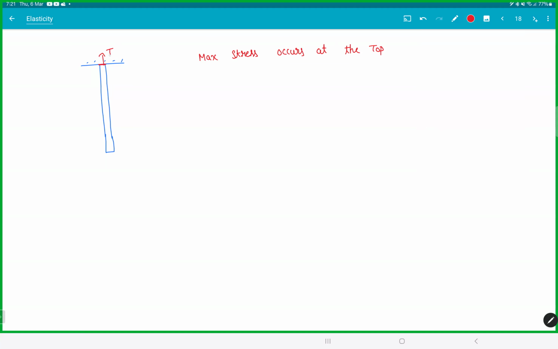So at this point, tension T will be equal to mg. So tension will be mg, which is density, area, length into g. Stress will be tension by area, which is rho Lg. But this should be less than or equal to B since you don't want it to break. So length must be less than or equal to B by rho g. Easy. So it doesn't depend on the area. It does get cancelled out.